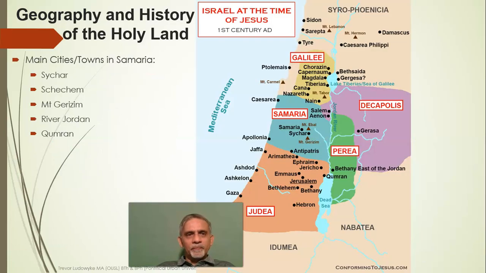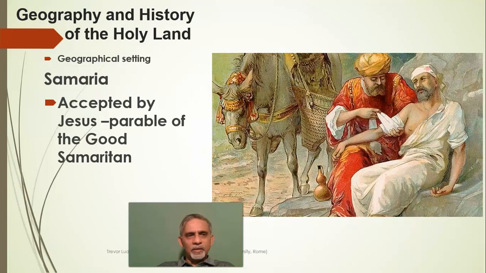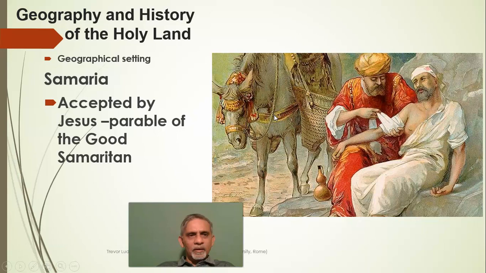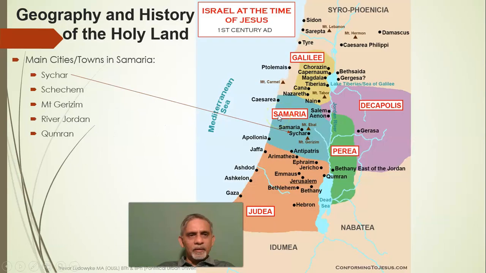Right. Now, what are the main cities and towns in Samaria? Sychar is one. Sychar is right in the center there. Shechem. Let me get back. Mount Gerizim, the River Jordan, and of course Qumran.